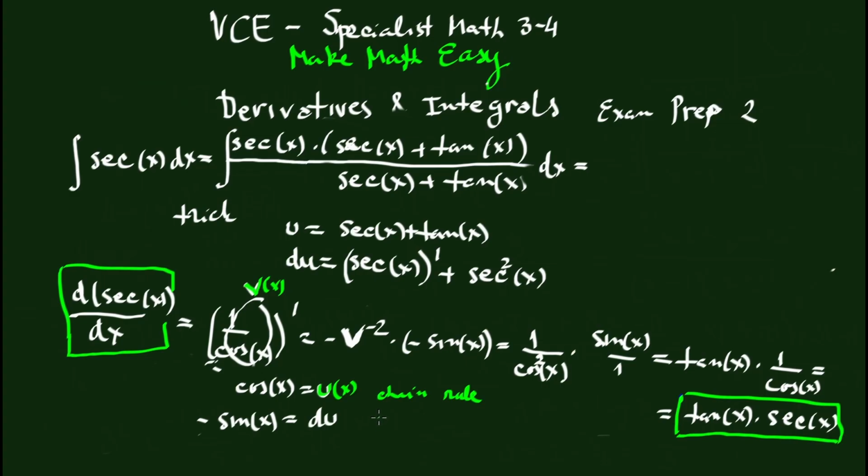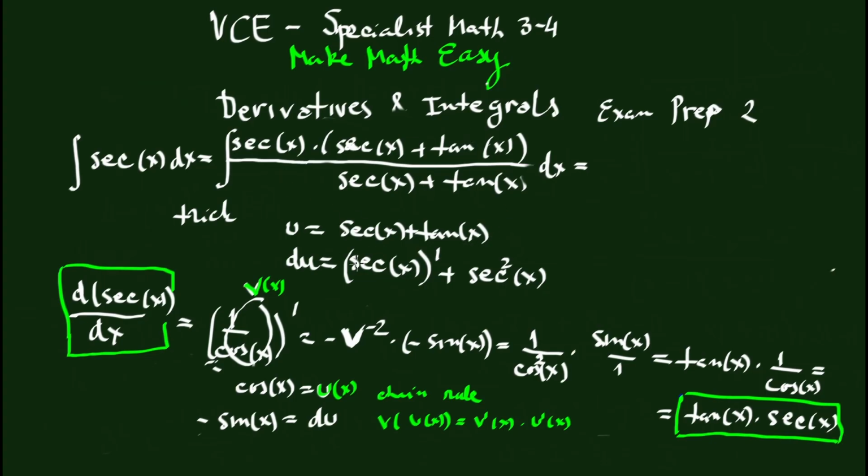The whole thing was v of u of x, and the derivative is v prime of u of x times u prime of x.